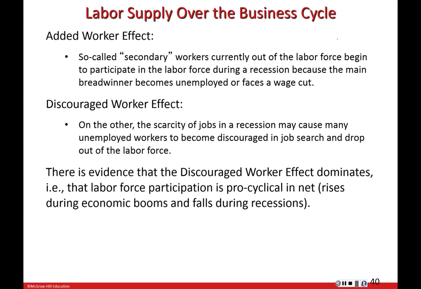So the added worker effect causes a recession to raise the labor force participation rate. And by the discouraged worker effect, the recession causes the labor force participation rate to in fact reduce.